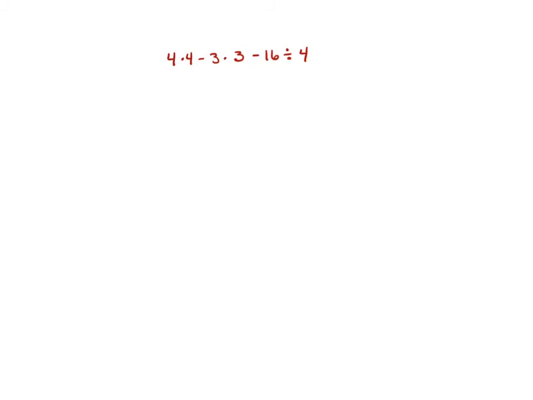Next example, again working left to right, I just have multiplications, divisions, and a couple of subtractions in here. I'll do my 4 times 4, 16. Next, the furthest left I should say, is this multiplication that I have to do. So I go 16 minus 3 times 3 is 9.